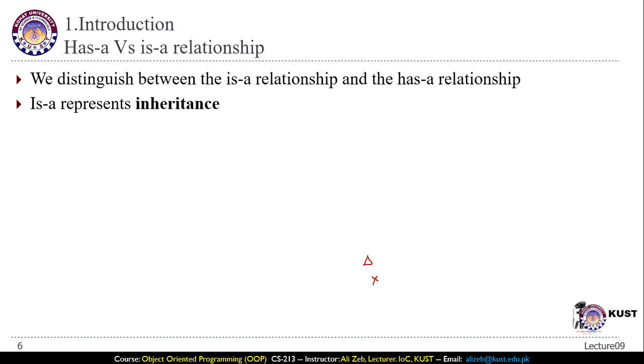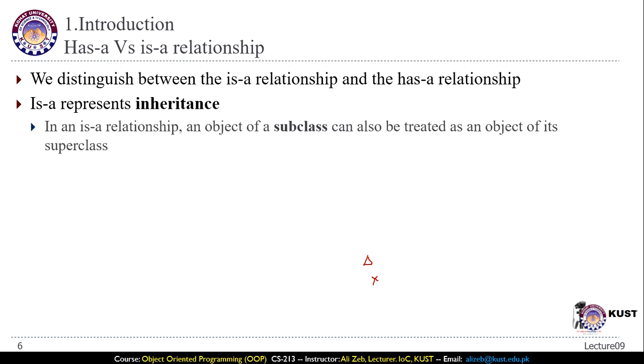instance variable. In inheritance, we can see an is-a relationship between the classes, as we saw that an employee is a person, or a student is a person, or a current account is an account, or a savings account is an account.